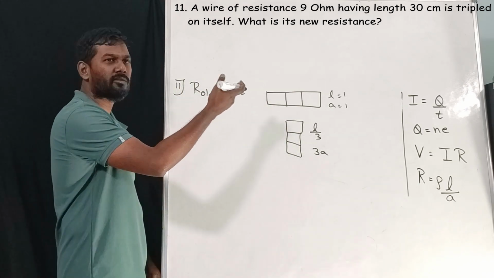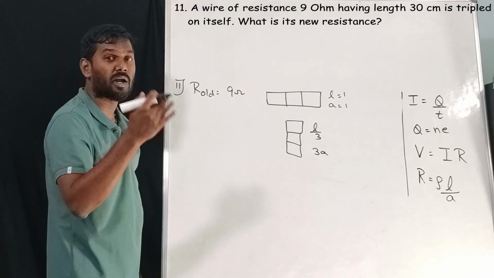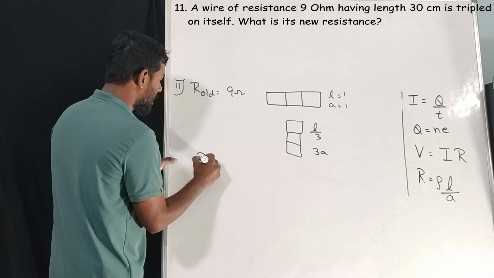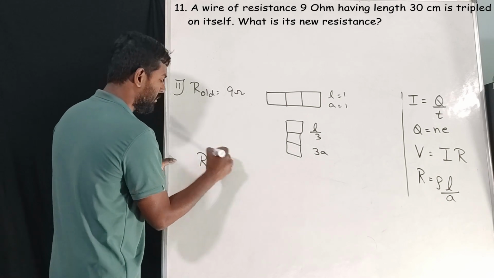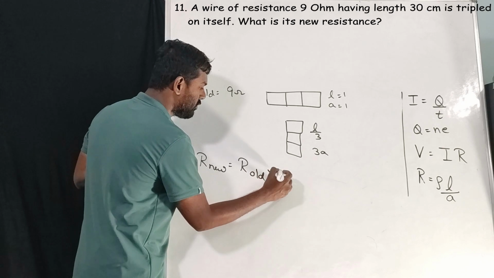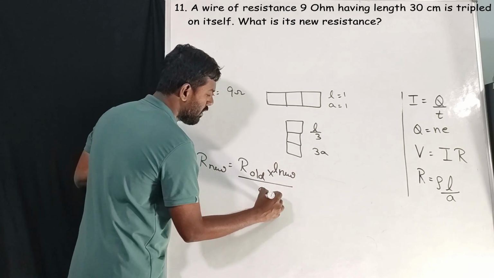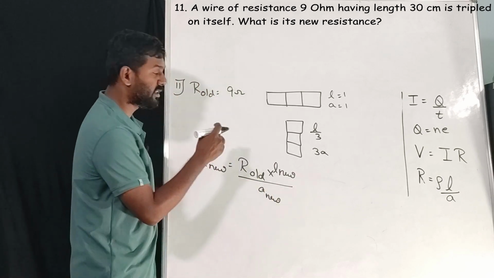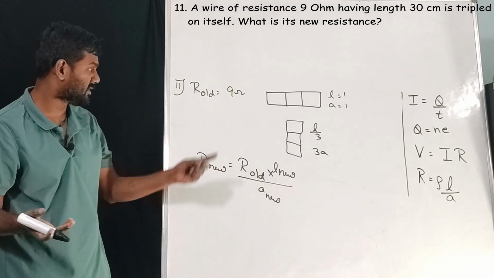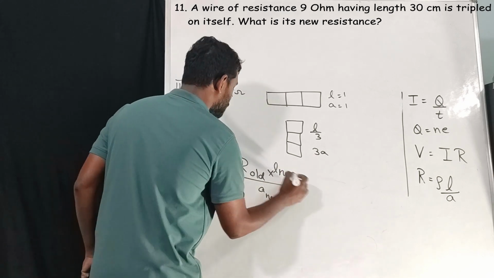If you know this with the values or without the values, length is equal to 30 centimeter, without that also we can get the answer. The same logic: new resistance is equal to old resistance into new length by new area. See, in this question the area of the wire is not uniform, so we are going to substitute the values.